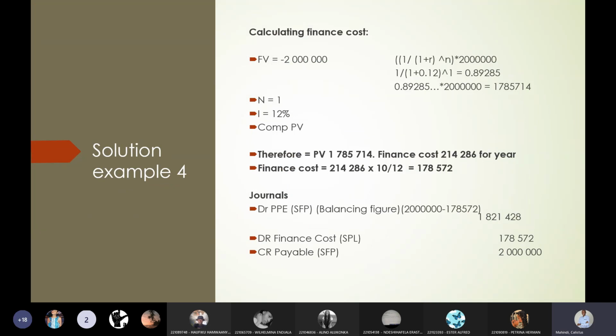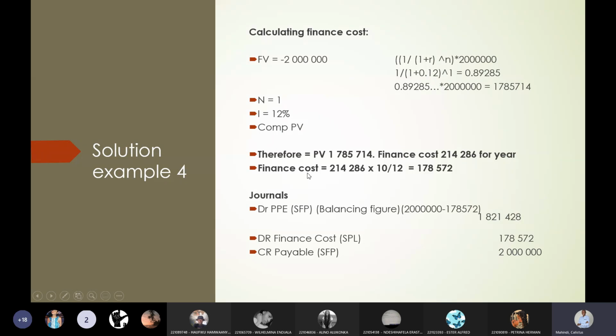If you have a financial calculator, it's actually straightforward. What you're going to do is input the future value. So the future value is the amount that you're going to pay in December, which is 2 million. N, the number of years, is 1 year. I, the interest rate, is 12%, and then you would press compute present value.